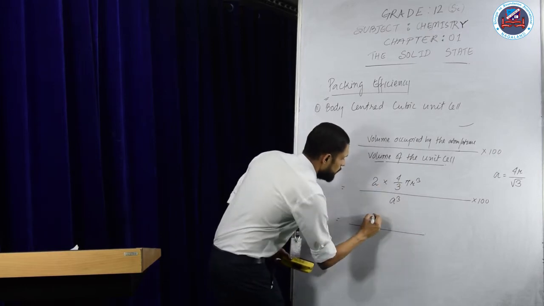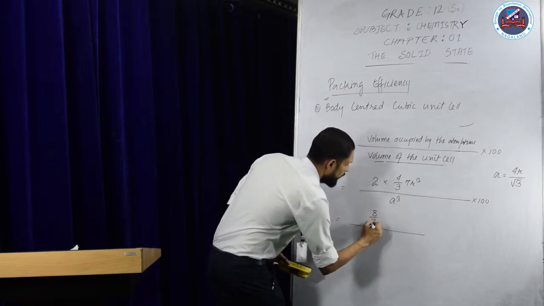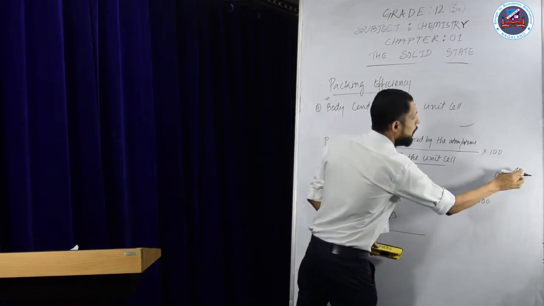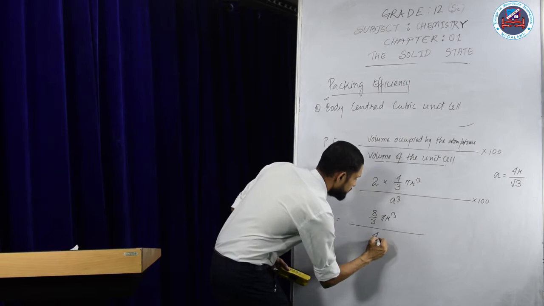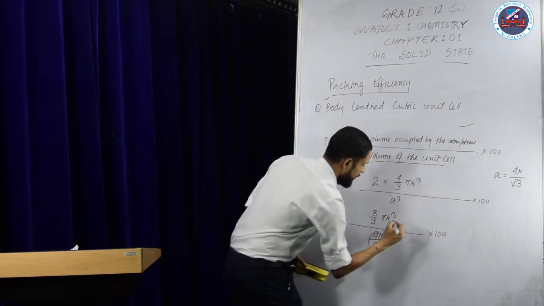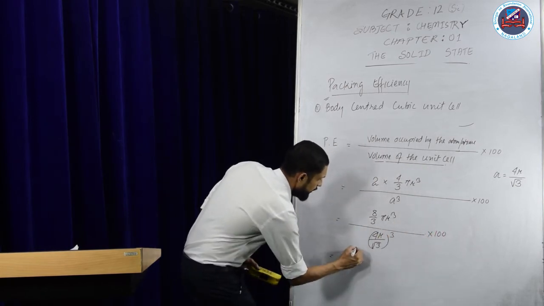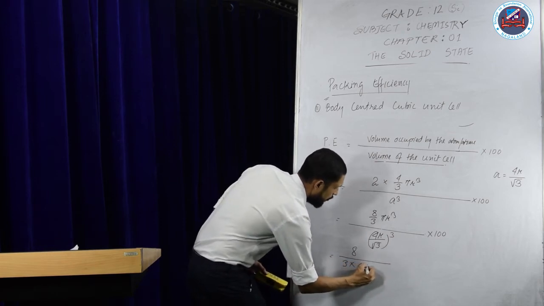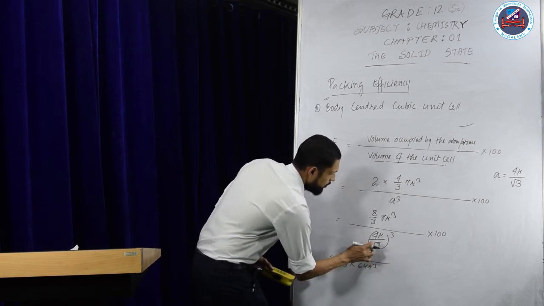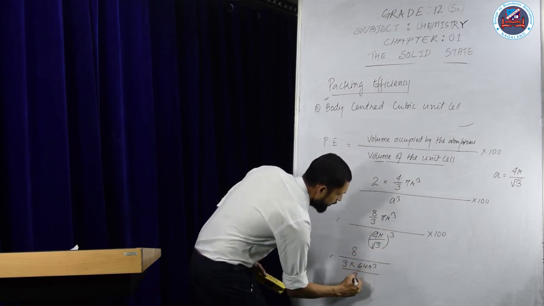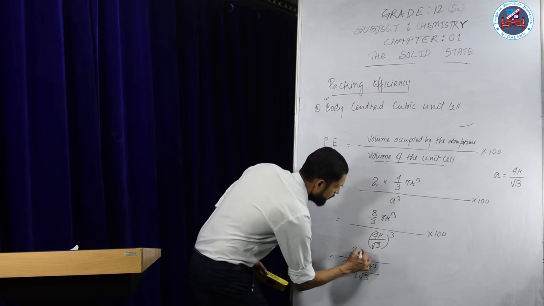So it will be 2 multiplied by 4, 8 by 3 pi r cube. In place of a, we'll use 4r by root 3 whole cube multiplied by 100. So this we can write 8 by 3 multiplied by 64 r cube by 3 root 3.